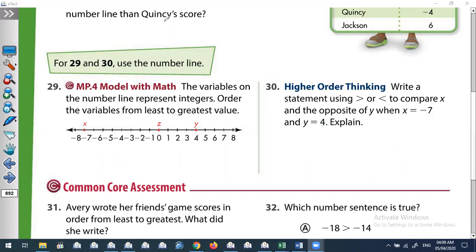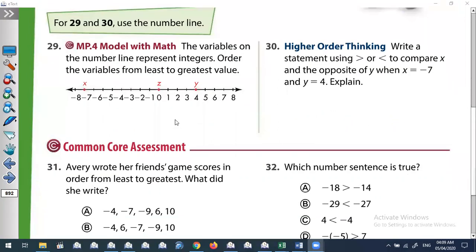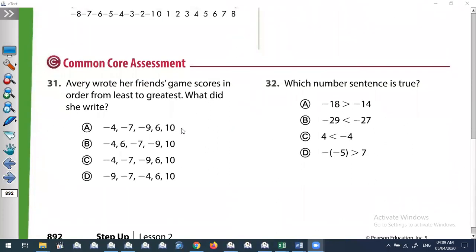Another exercise. Here we have Avery wrote her friends' game scores in order from least to greatest. What did she write? Let's order these numbers from least to greatest. Least, you have to start with the negative. We have negative 4, negative 7, negative 9. Which is the smallest?